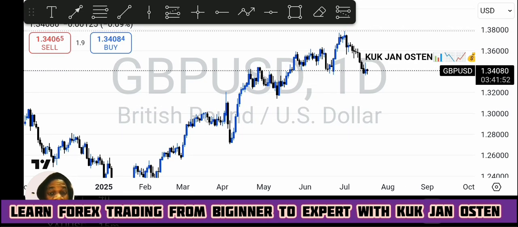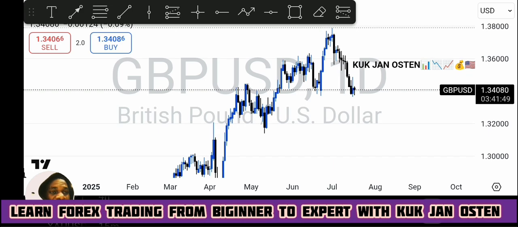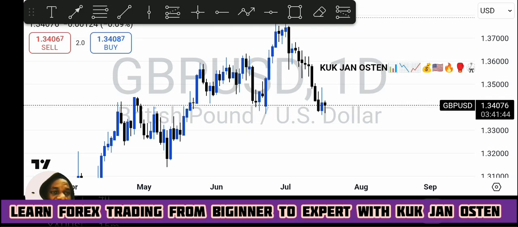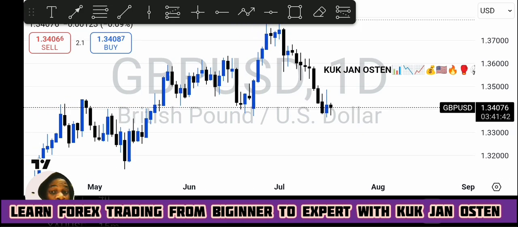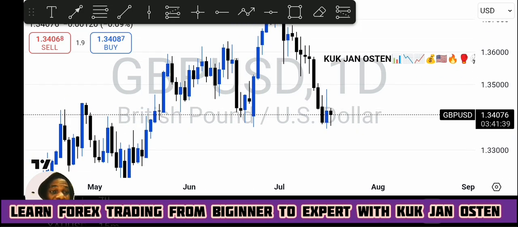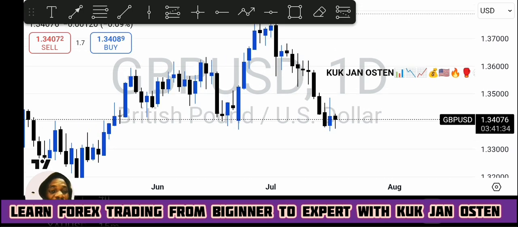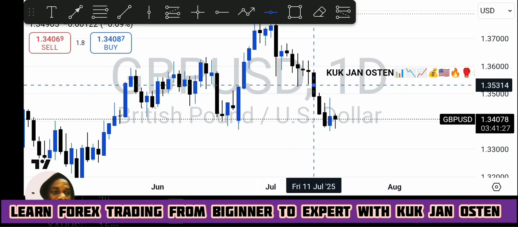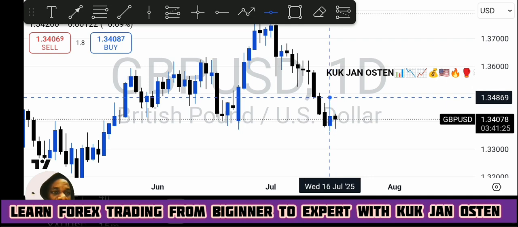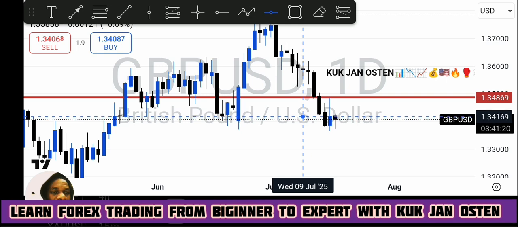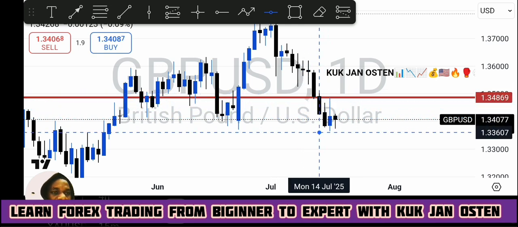You have to mark its highest high and its lowest low. Our recent candle is this one, with our highest high and our lowest low. So you just have to mark them down. It means that if we're buying, we should target that daily resistance, and if we're selling, we should target our daily support.